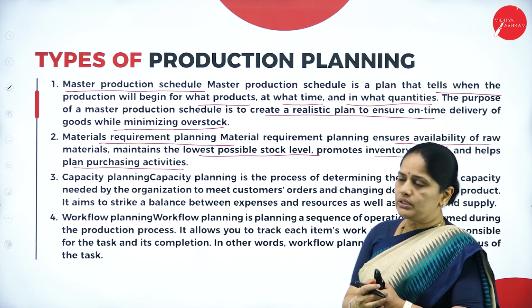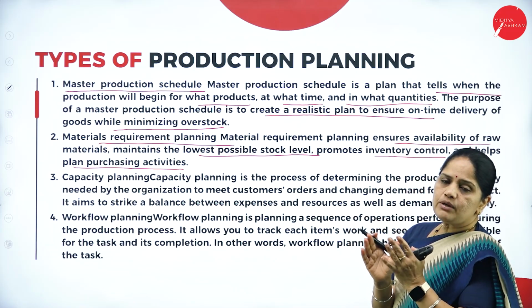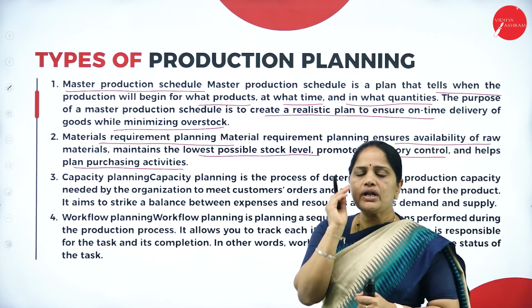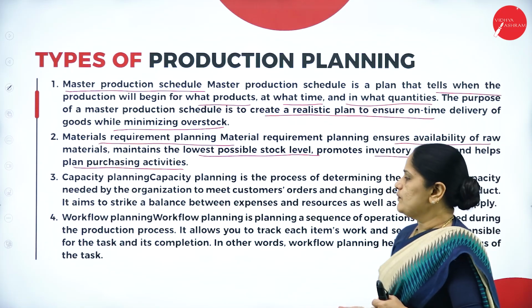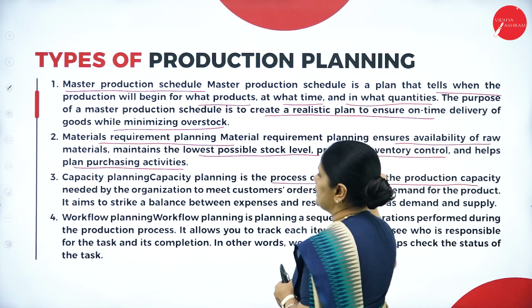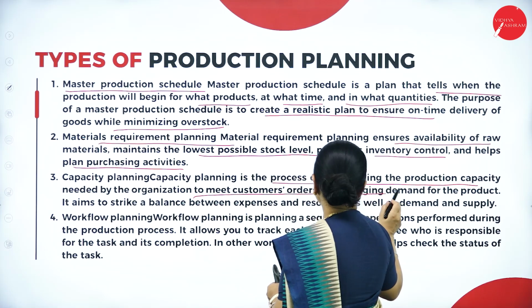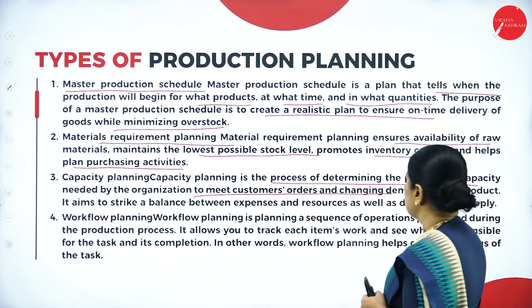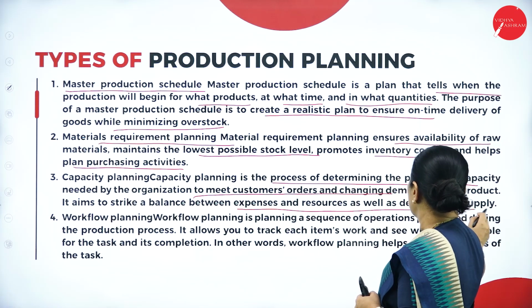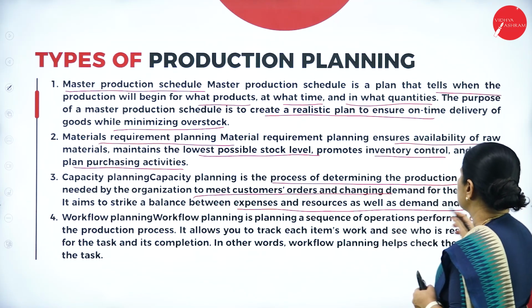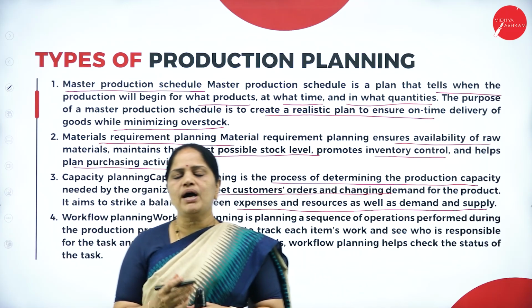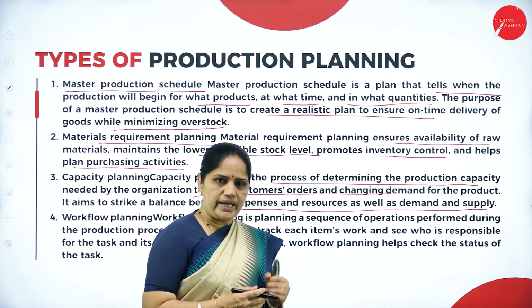You have to ensure that there is the lowest possible stock level and inventory control, and we should have a planned purchasing activity. Then capacity planning. It is the process of determining production capacity to meet the customer's orders and the changing demand of the product. So it aims to strike a balance between expenses and resources as well as the demand and the supply. So depending on the demand for goods, the supply should be planned.